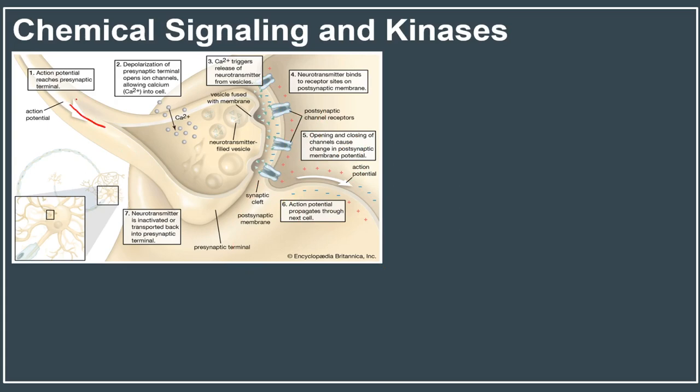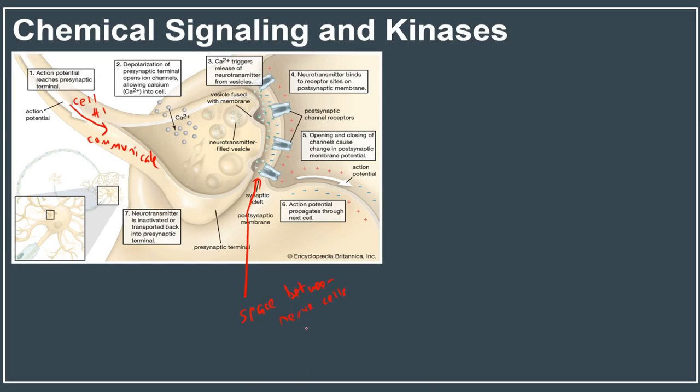So I'm just going to talk about this cell coming in. We've got cell number one, trying to communicate with all of this stuff. So here's a space. That's the synapse. There's a space between the two nerve cells.